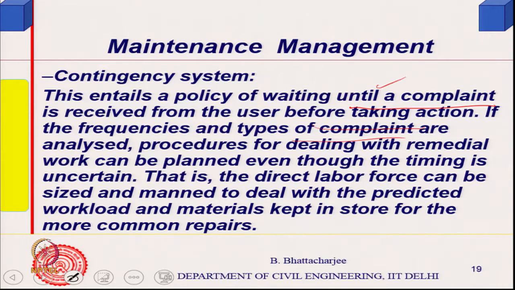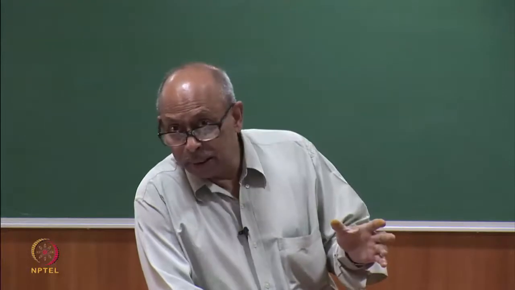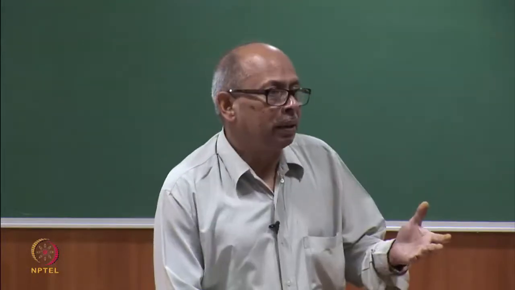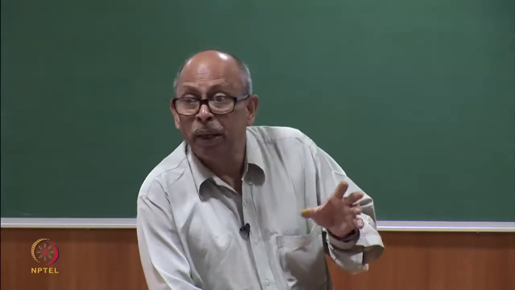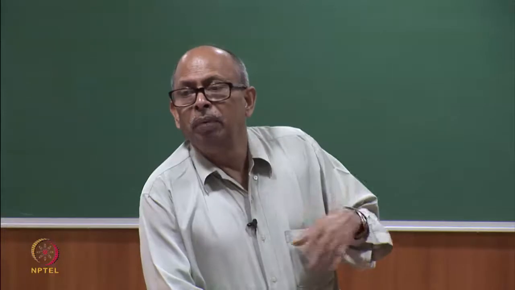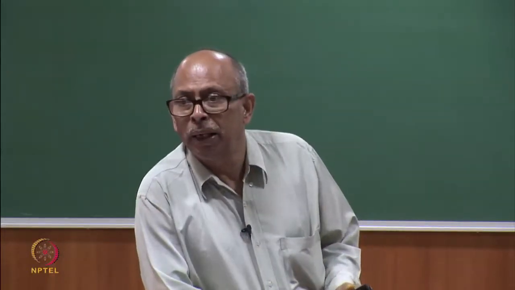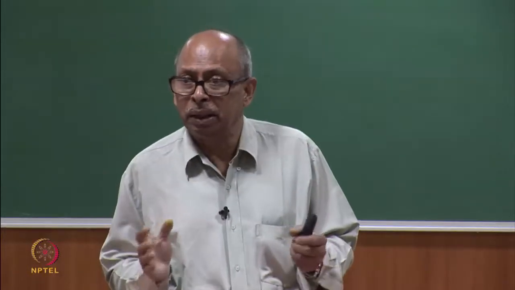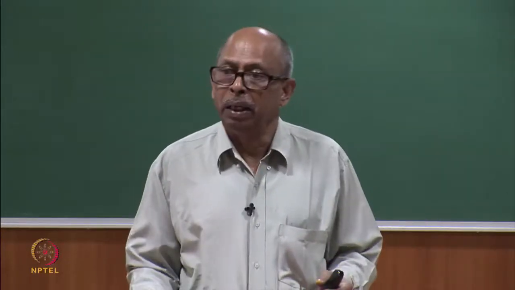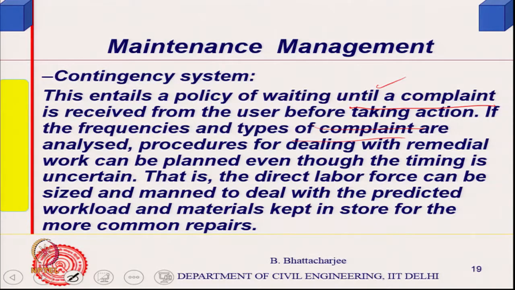What you can do is look at last year's complaints: how many complaints came last year or the previous year. If over the years, on an average basis, you know how many complaints of a given type came and what the cost involved is, then its quantum can be predicted. Although the actual job you may not be able to predict, the amount of work or the amount of finance needed every year you can predict. So, this is what you put into the contingency system.